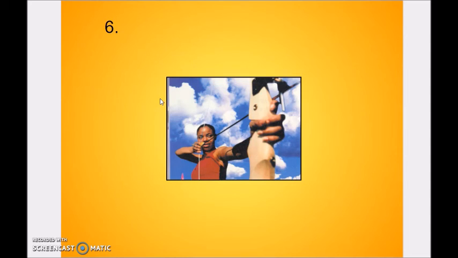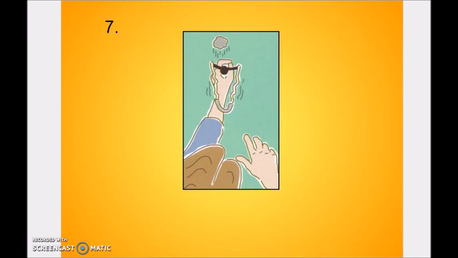This one, what kind of energy does this bow have when it is pulled back? All right, this is number 7. Don't let this fool you, because it is a slingshot, but it is not pulled back right now.